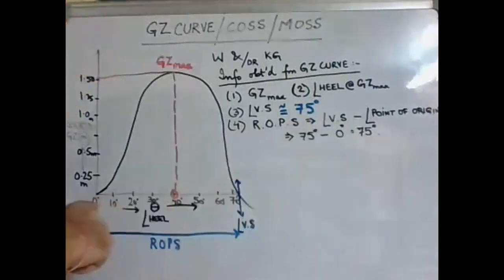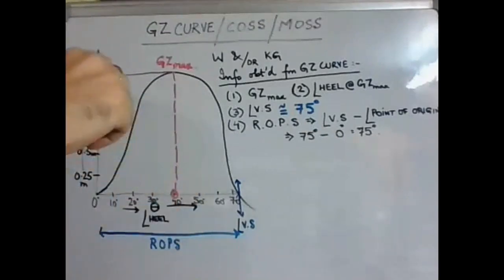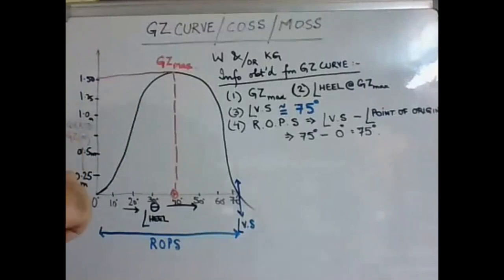But supposing my point of origin was 10 degrees, then it would have been 75 minus 10. Whatever is my point of origin, that will be subtracted. The range will be in degrees of angle of heel, correct?